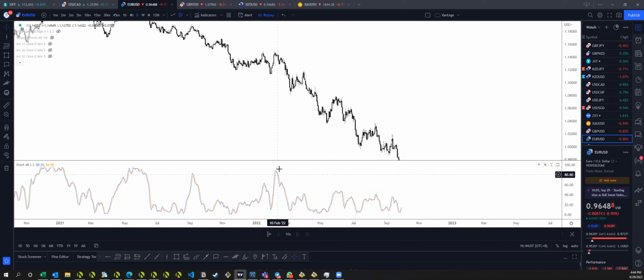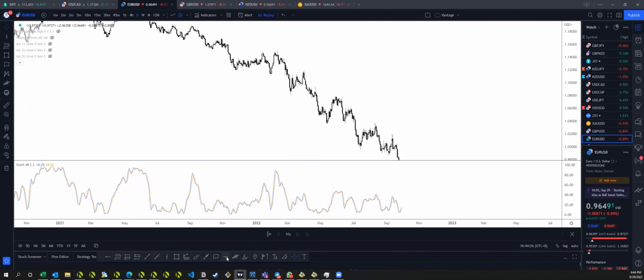But we do note that this high here, 10th of February, is when Russia invaded Ukraine, roughly around that time. So that was an indication for us to actually sell the euro dollar. And if we were to use 48 on a daily time frame, you'll notice that since February, there isn't any signal for us to sell.